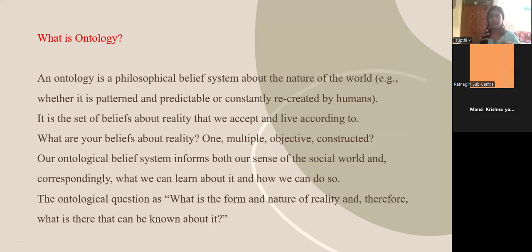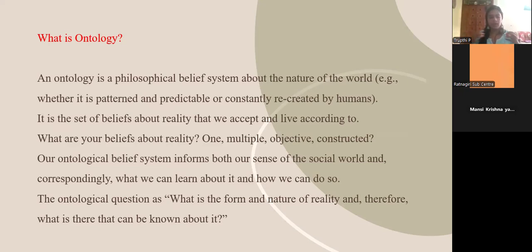So, for example, as a person, I have a set of beliefs, or a set of values, whichever term you use interchangeably, that I live according to. So for me, something is right, something is wrong, something I must do, and something I shouldn't do. All of these are sets of beliefs that we hold, right? That I lead my life according to.